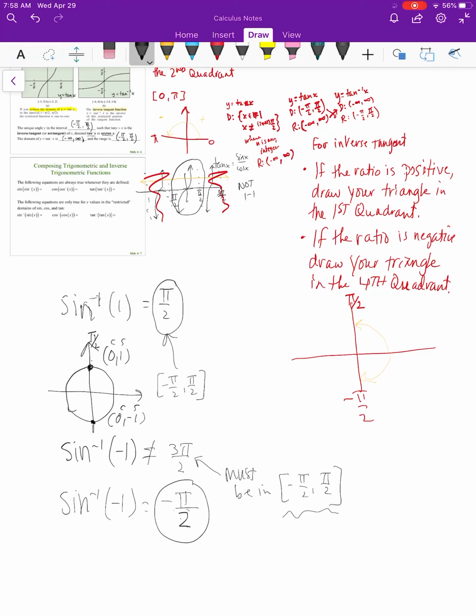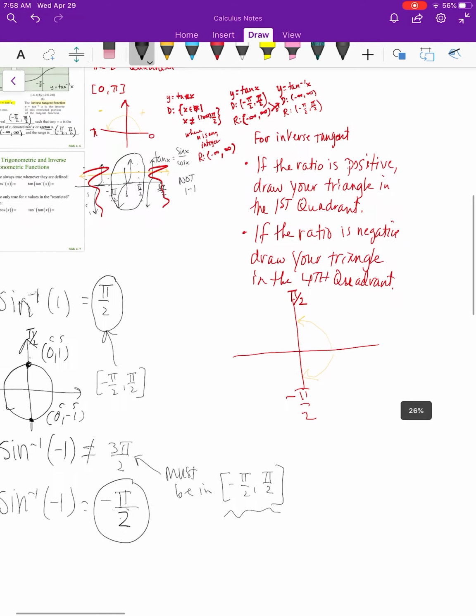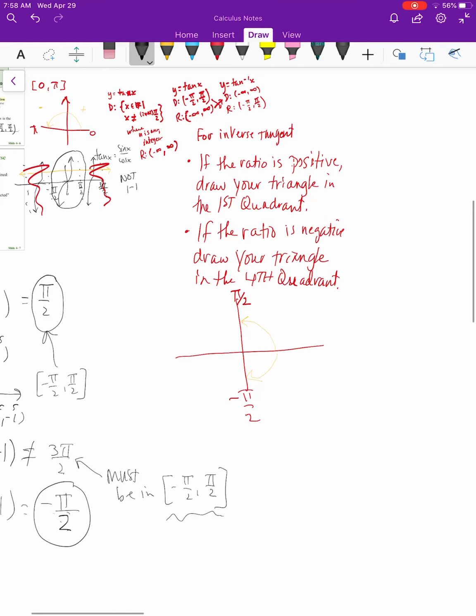But what we say for inverse is it has to lie between those two values. So you have to either talk about it between 0 and pi over 2 if it's positive, or between 0 and negative pi over 2 if it's negative. But for inverse tangent, you're never going to have the answer of pi over 2 or negative pi over 2 because it's not included in your range. See how that is not a bracket.